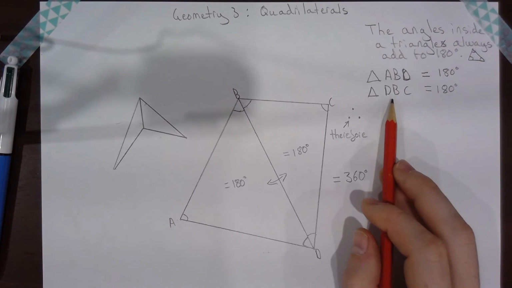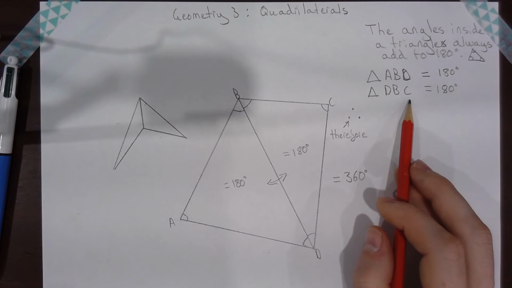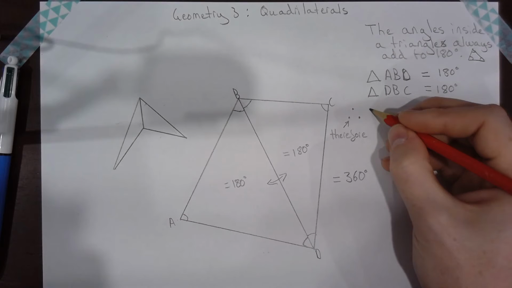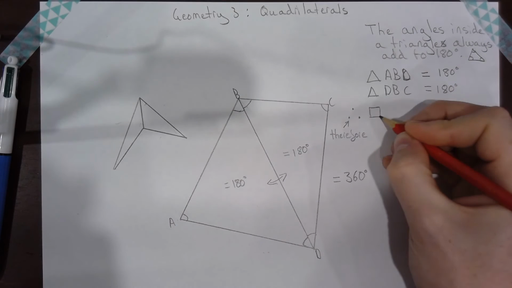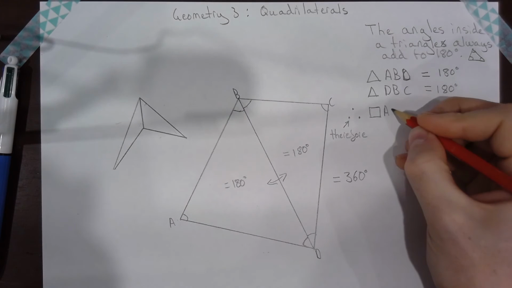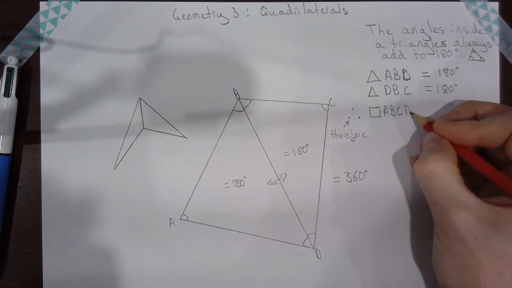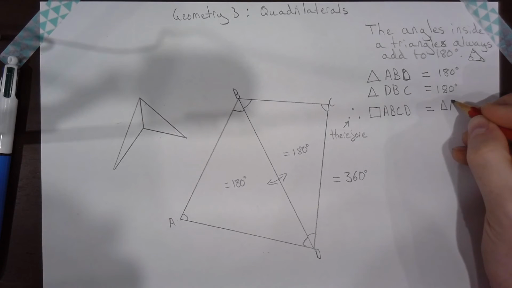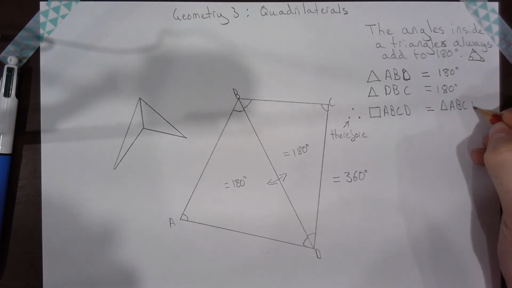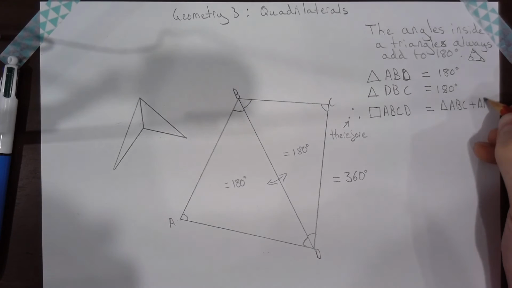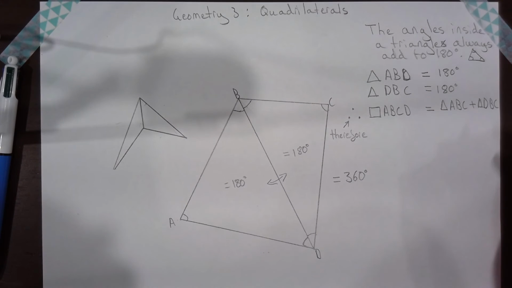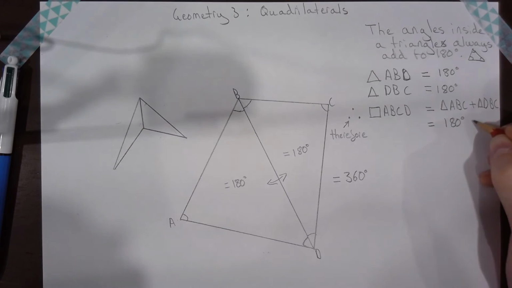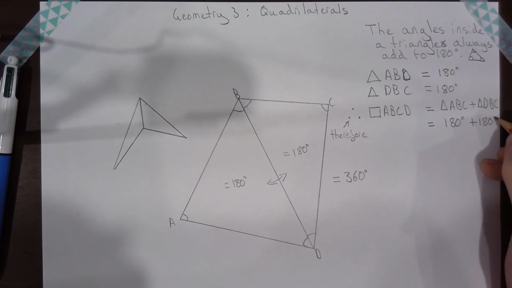Therefore, quadrilateral ABCD equals triangle ABD plus triangle DBC, which equals 180 degrees plus 180 degrees, which equals 360 degrees. That'll be how I'd write this out.